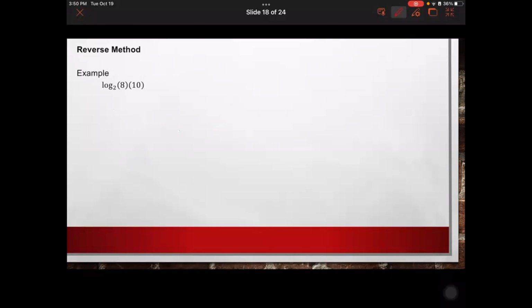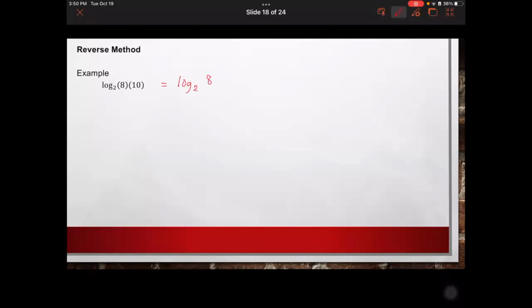Okay, so let's have the reverse method of the given. So ito naman, logarithm of 8 times 2. So i-reverse natin siya. I-expand lang natin. So in this case, magkakaroon tayo dito ng siyempre, meron tayong logarithm. Base natin ay 2.